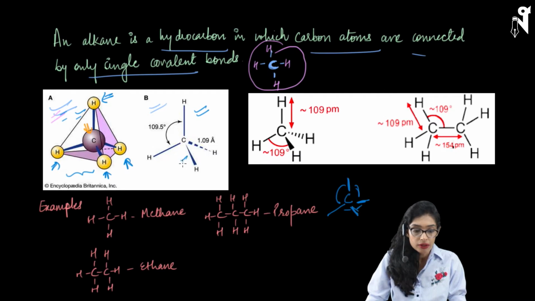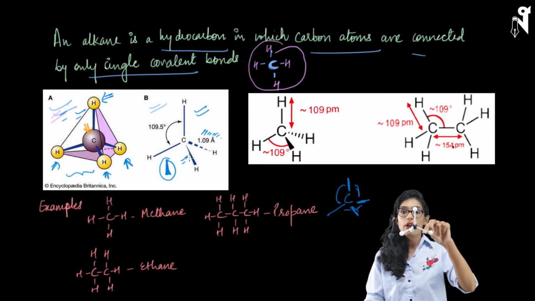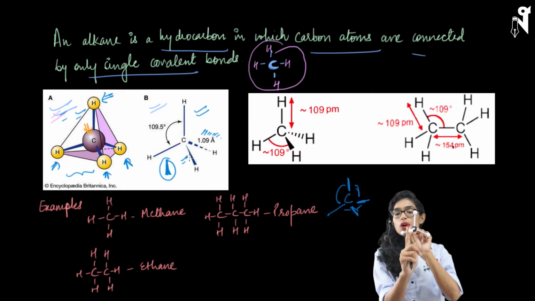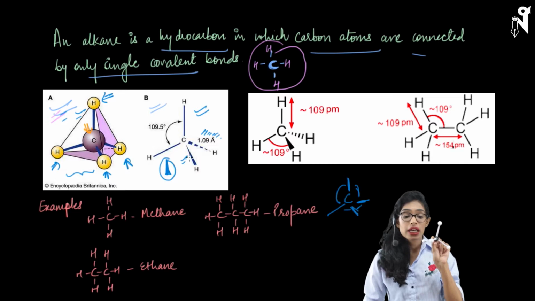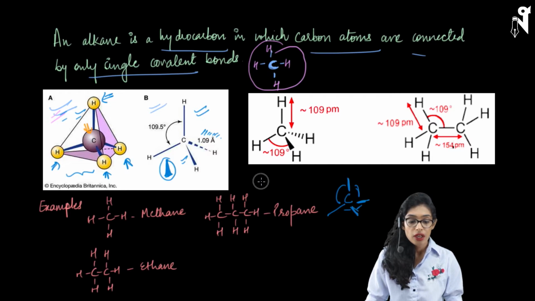This kind of solid wedge and this kind of dash have a specific meaning. The wedge means this is the direction from where the viewer is seeing. Let's say you are seeing from here; this is the bond which you are able to see coming outwards towards you, and it is represented by this solid triangle, which is called the wedge representation.